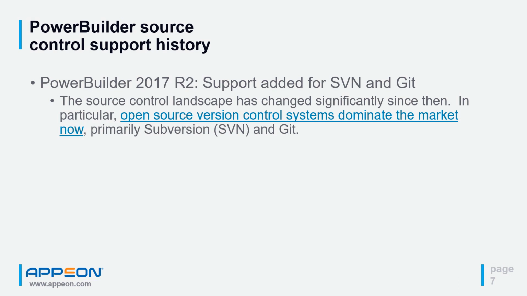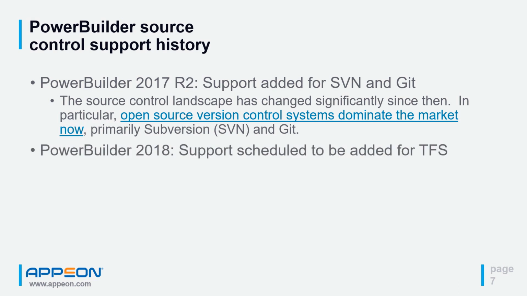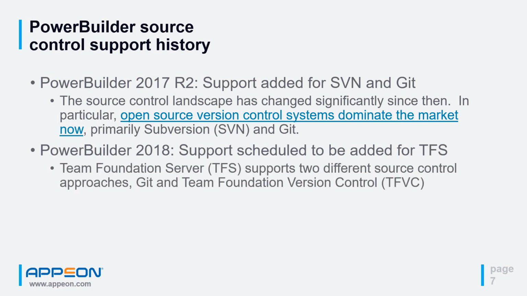I'll also mention that there will be some changes coming up here in PowerBuilder 2018 as well. That's when support is scheduled to be added for Team Foundation Server. Now, if you use Team Foundation Server, there are actually two version control systems built into it. One of them is Git. So if you are using Git, which is actually the default nowadays when you create a project in Team Foundation Server, you can use the Git interface that's in PowerBuilder 2017 R2.